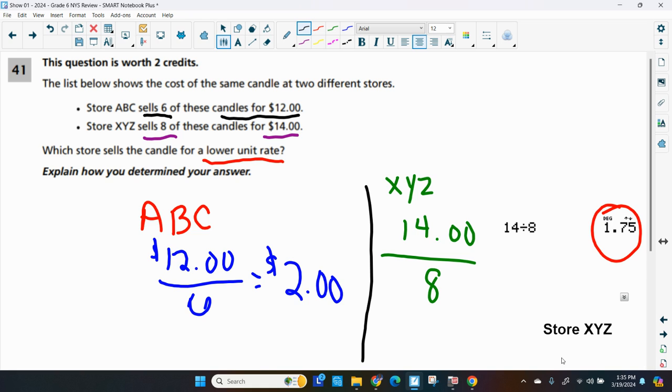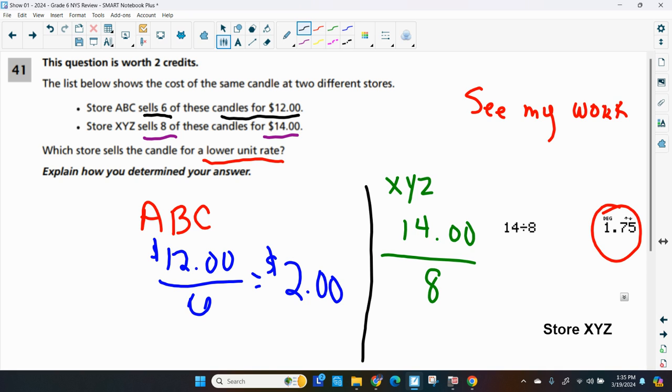So that's the one I would buy, and just write something like see my work as an explanation, or you can take some time and write out an explanation of what you did step by step.